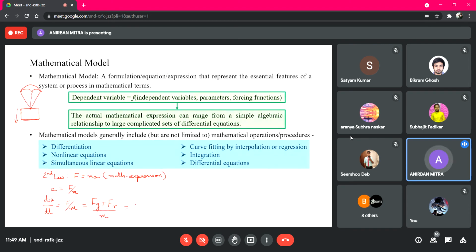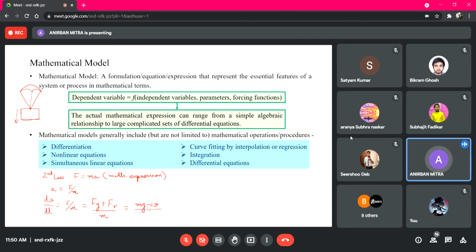Now, Fg can be quite easily written as mg, m being the total mass of the system. And this air resistance, for now we assume that this is proportional to the velocity. So we can write it as minus c into v, where c is the proportionality constant.